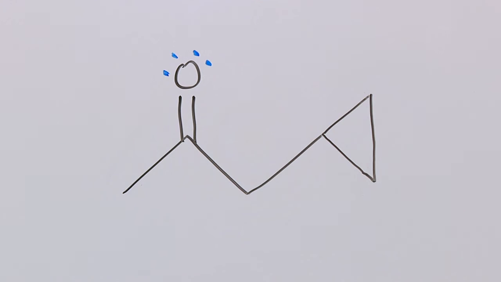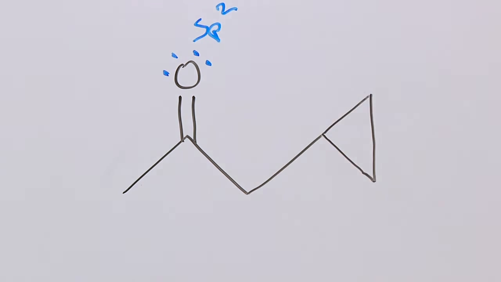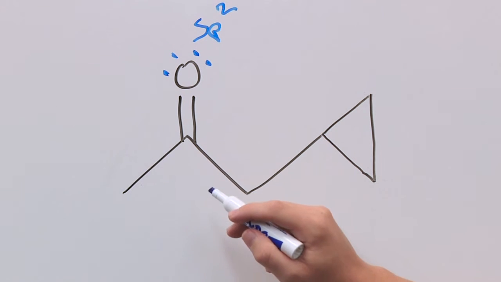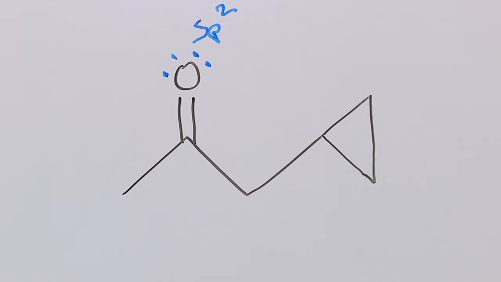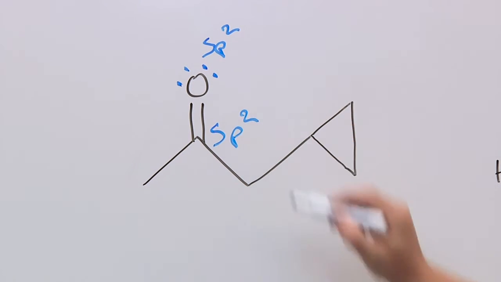So if we treat those lone electron pairs like sigma bonds, and then we have a double bond here, so that's a sigma bond and a pi bond. Now we know if we have 1 pi bond, that tells us this is an sp2 hybridized atom. And then for this carbon here, again, we're going to have 2 sigma bonds and a sigma bond and a pi bond. So again, we are sp2 hybridized.